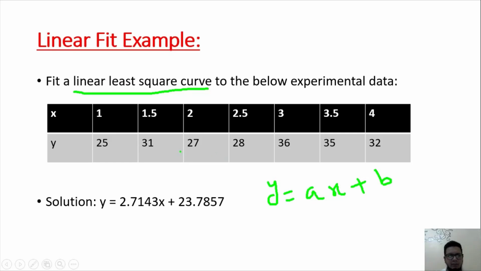I solved the same problem in my previous playlist on numerical methods for engineers, and the solution was y is equal to 2.7143x plus 23.7857. So the value of a is 2.7143, whereas the value of b is 23.7857.